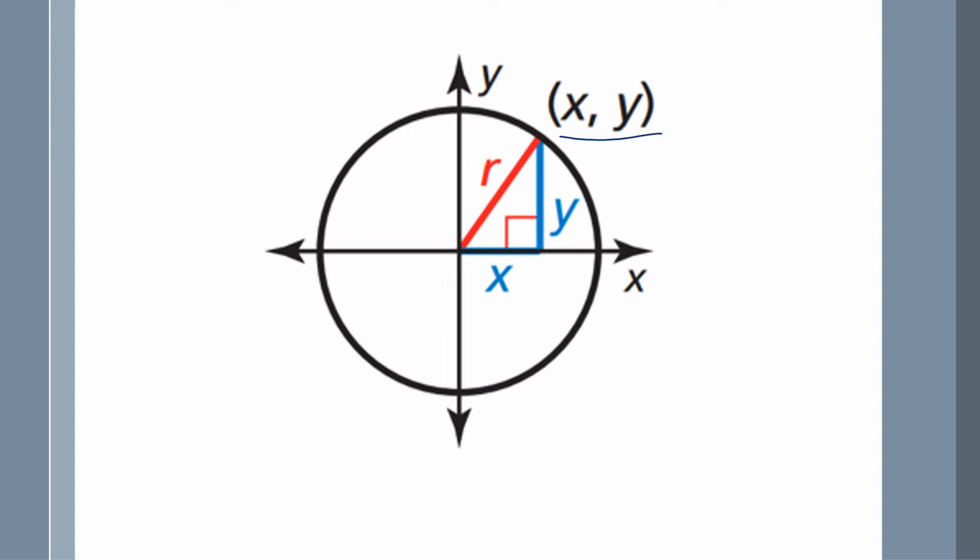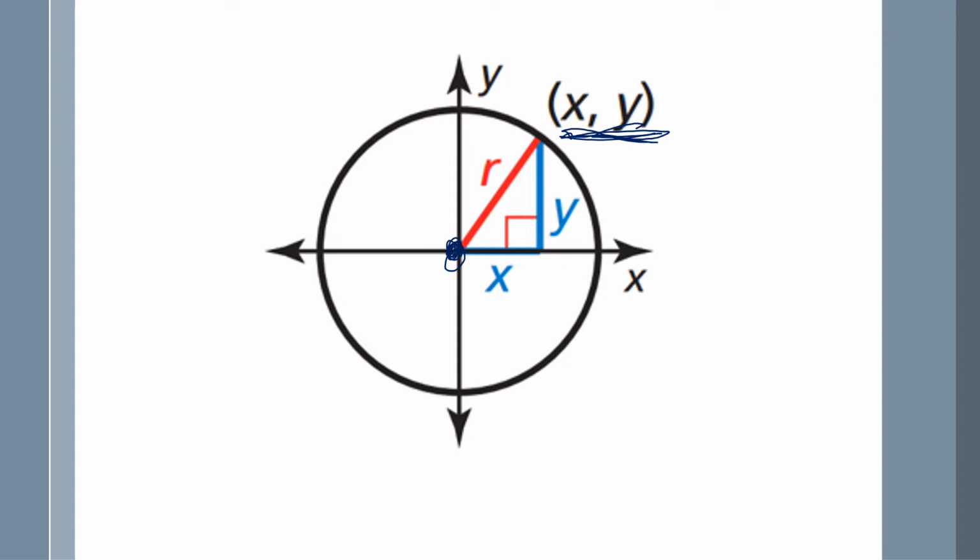And while you're dealing with this point being a fixed distance from the center, so there's x and y, and then this center right there. And we know that that distance is called the radius.